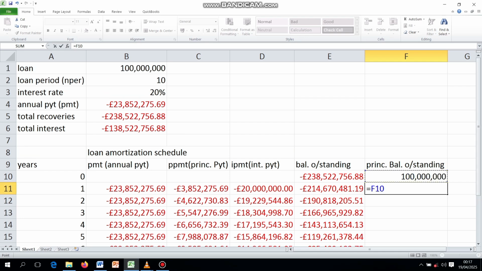So that is the initial principal. So I'm going to subtract it from the principal payment.